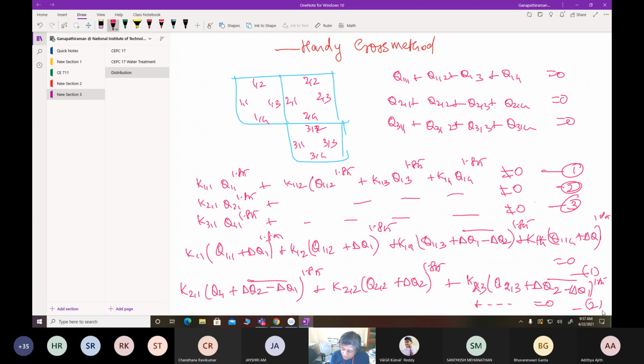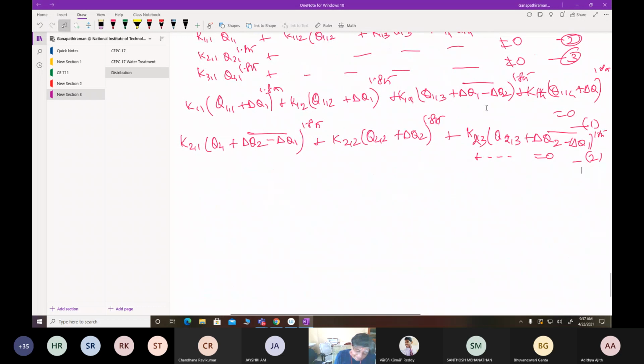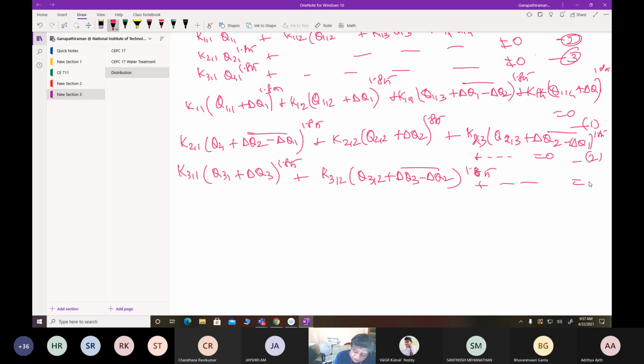This is equation number 2. Similarly, K31 Q31 plus delta Q3 to power 1.85 plus K32 Q32 plus delta Q3 minus delta Q2 to power 1.85 plus everything is equal to 0. This is equation number 3.